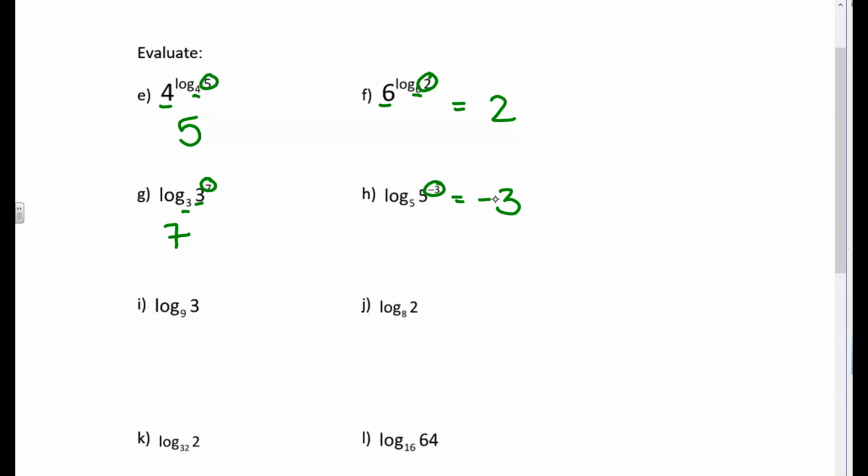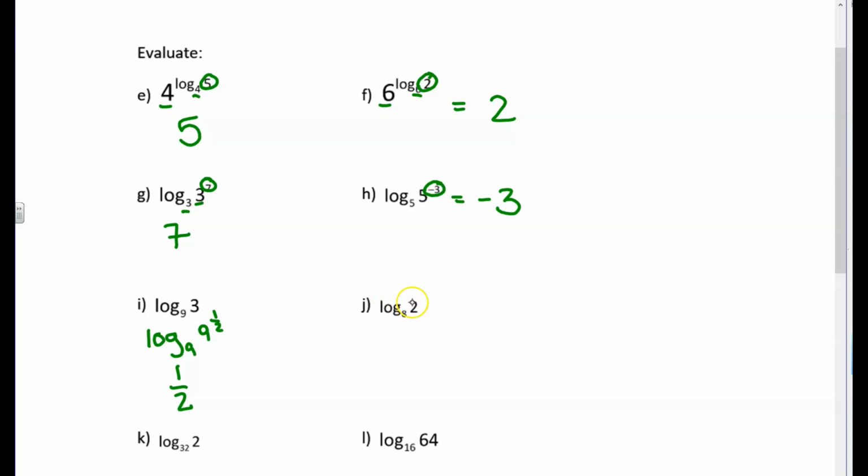So let's take a look at this then. Log base 9 of 3, we could solve this by setting it equal to x, but you could also recognize that 3 could also be written as log base 9 of 9 to the 1/2. Because the square root of 9 is 3, it's another way to get there. That means that my answer here is going to end up being the 1/2.